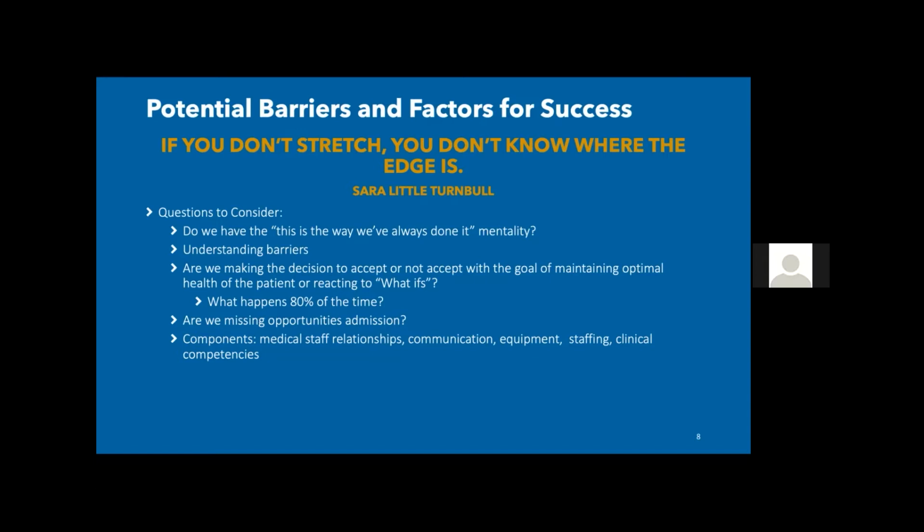So we have to understand those barriers. We need to go through an exercise of identifying the barriers and seeing if there are opportunities to work through them. We run into this often around those what-if scenarios. Well, what if we accept that higher need swing bed patient? What if they need to get sent back to acute?